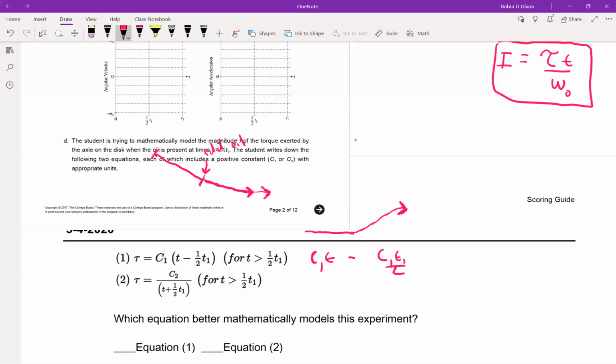It's much bigger as time goes on with equation 1, versus down here in equation 2, it gets much, much smaller. So which one reflects a decreasing torque and thereby a decreasing acceleration like we graphed in the previous problem? Obviously, it must be equation 2. That is the correct answer.